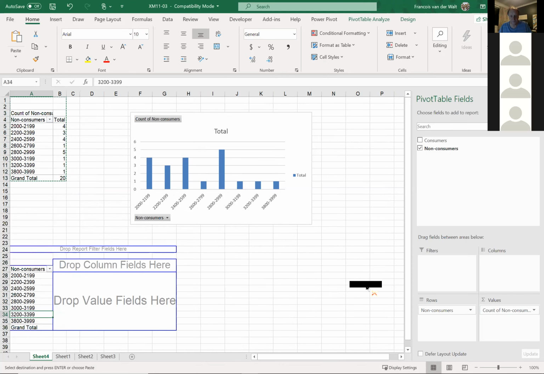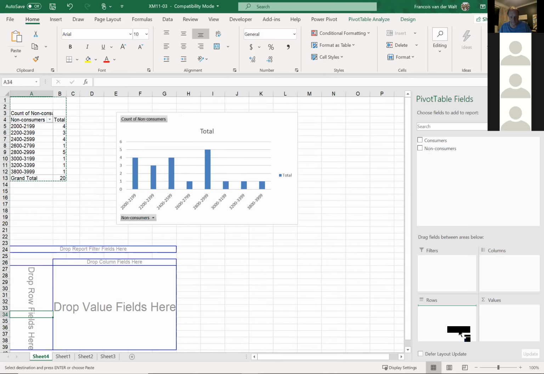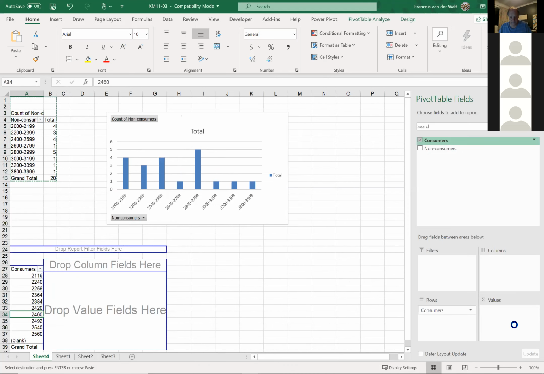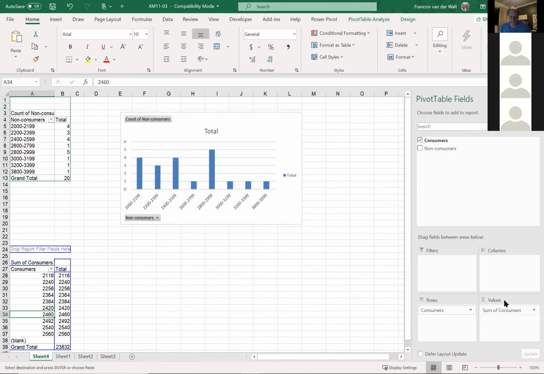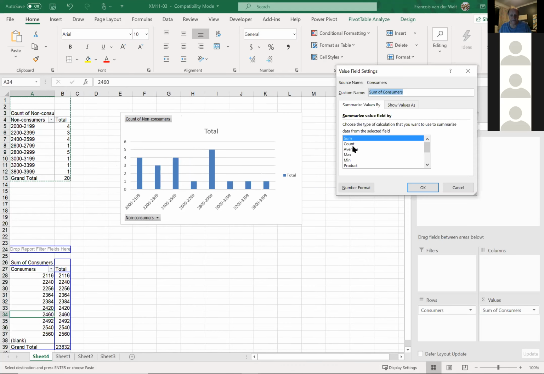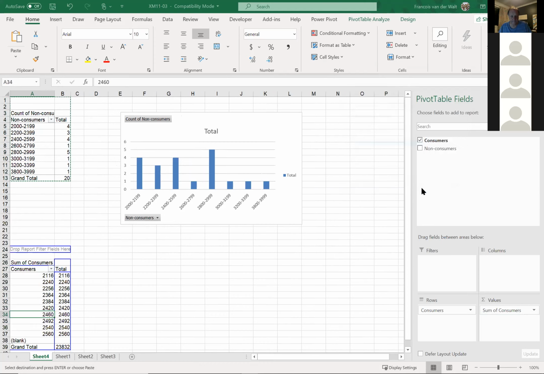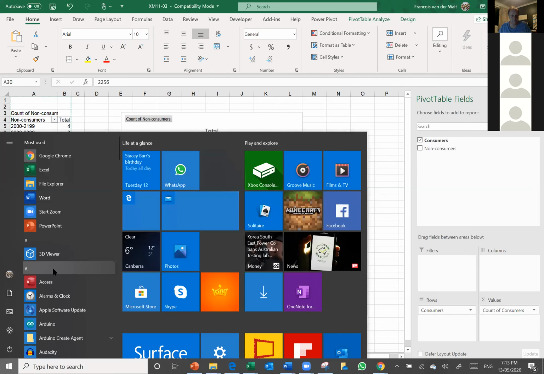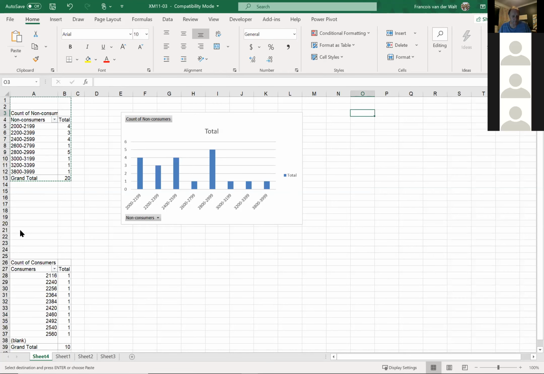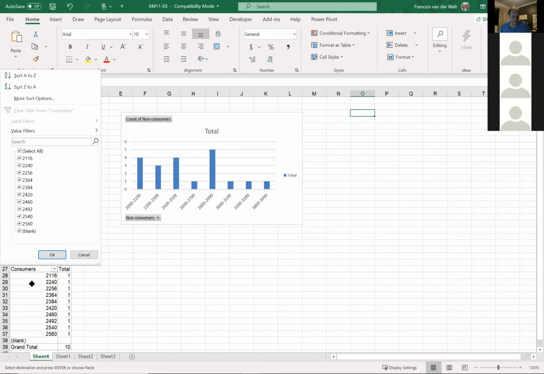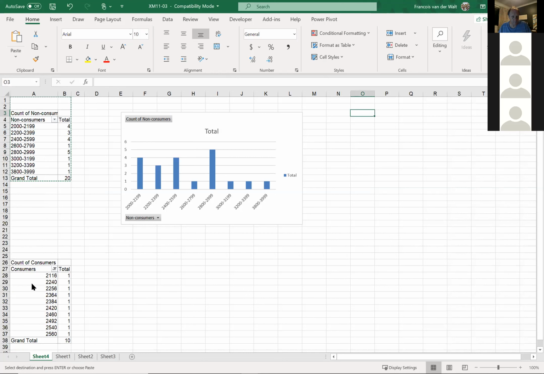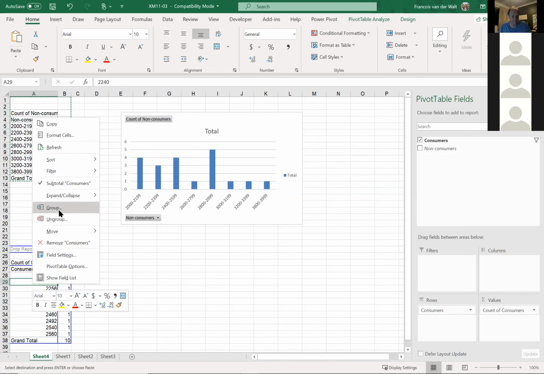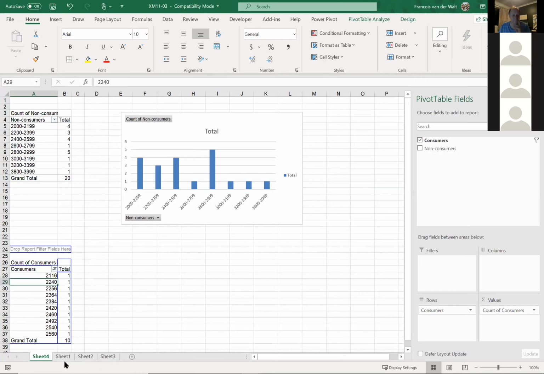Non-consumers, consumers, count. It's because there's blanks that it doesn't want to group. So I'm going to remove blanks. Group.